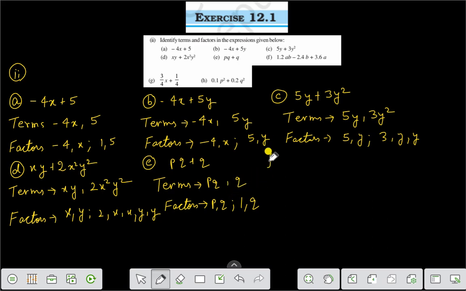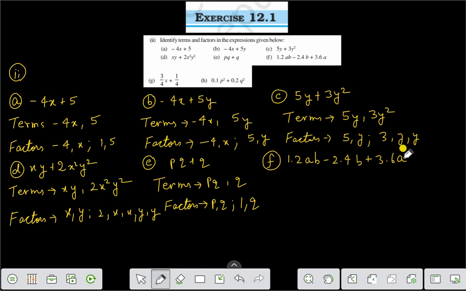Now question number F is 1.2AB minus 2.4B plus 3.6A.